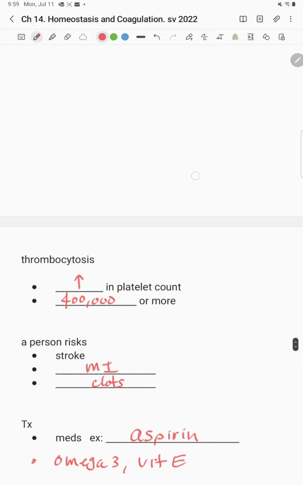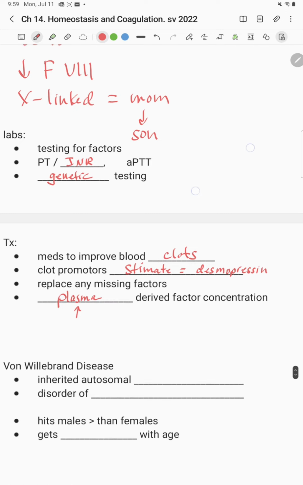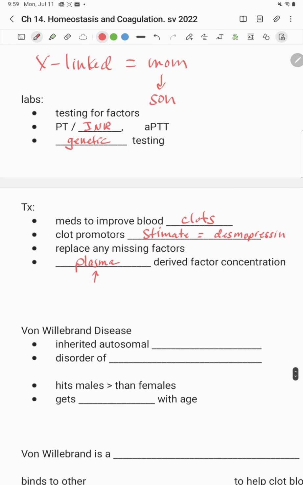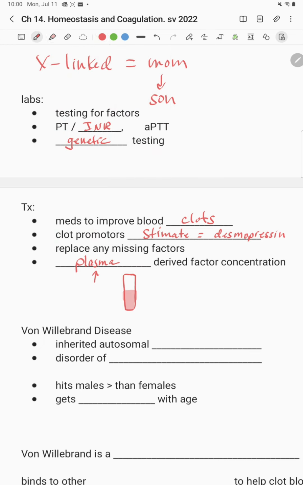So your platelets are found in the plasma. Remember, when you spin down blood, you're going to get the red blood cells that go to the bottom, and the plasma is that top part, and then there's that buffy coat that's right in the middle.